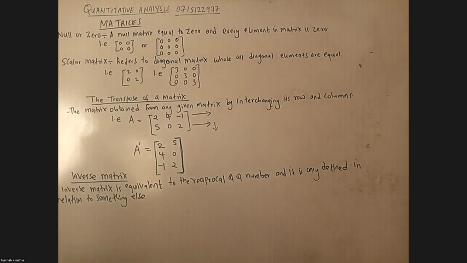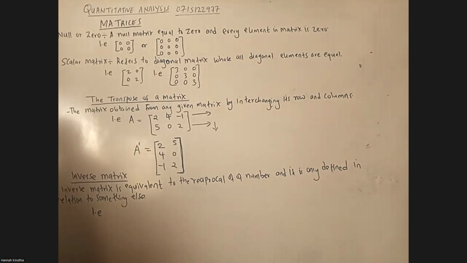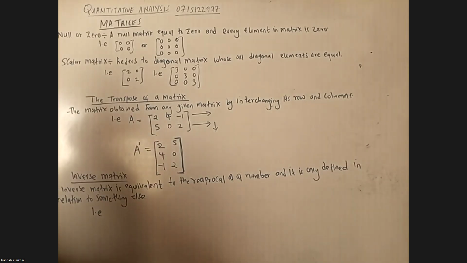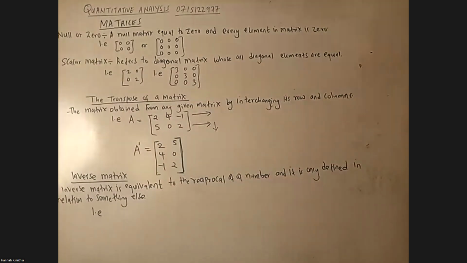We can find an inverse of a particular something. Let us find an inverse of a matrix. We shall do a 2 by 2 matrix first.